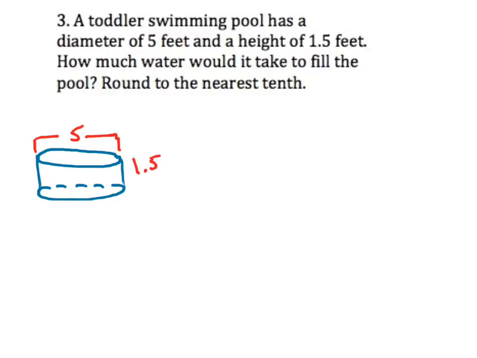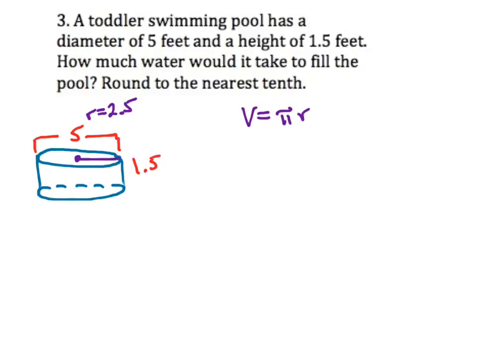Our formula is volume equals pi r squared times height. Oh, that doesn't use diameter, does it? It uses radius. So we're going to figure out our radius. That's easy enough. It's just half of that 5, so 2.5.